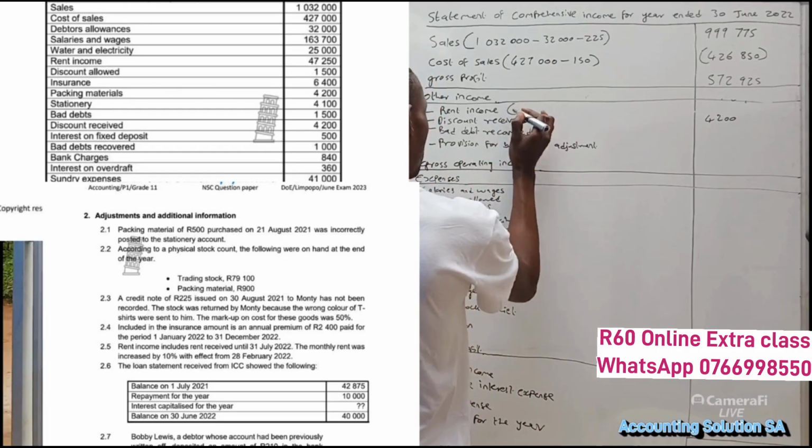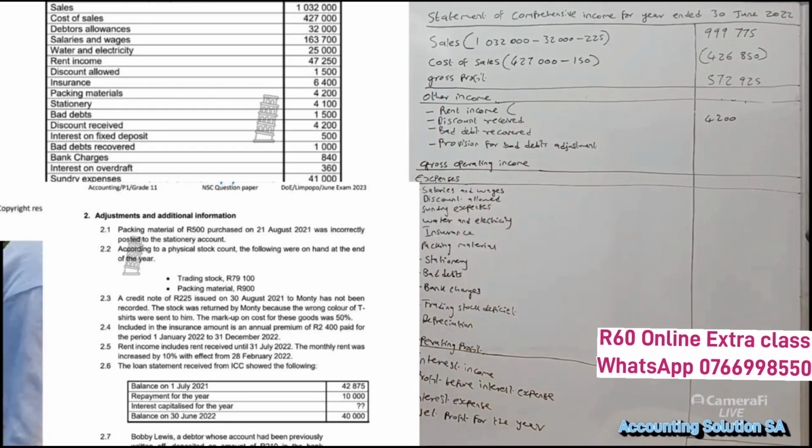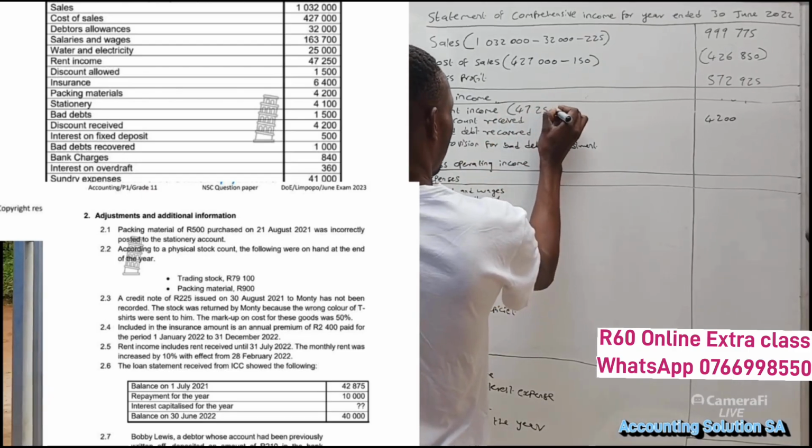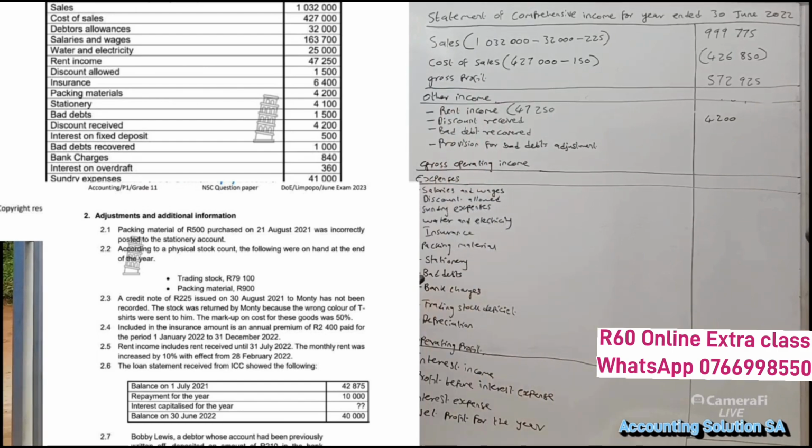For rent income, the first step, we open a bracket and copy the one that we have on our trial balance. Okay, so the one that we have, rent income, is 47,250.